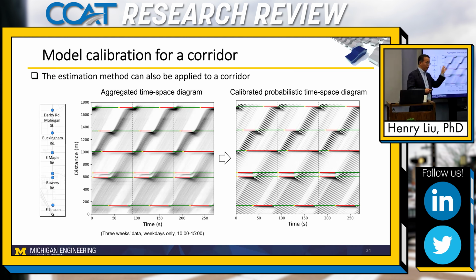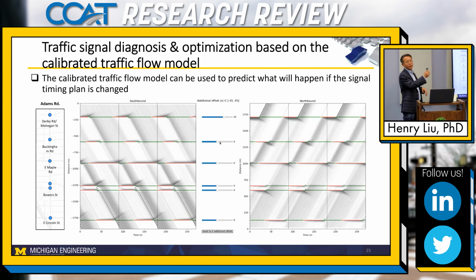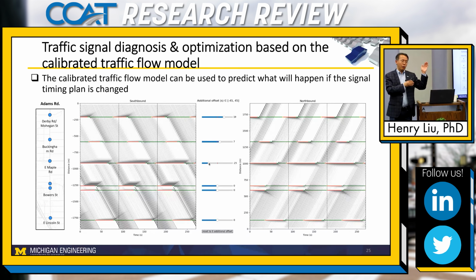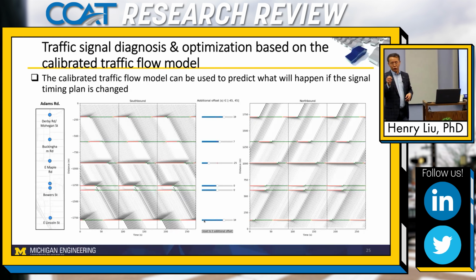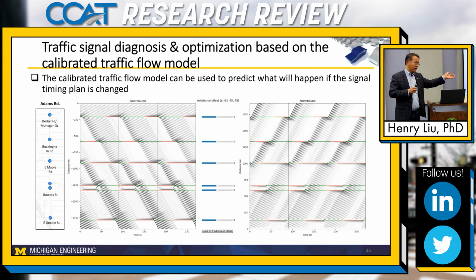You can see we can reflect what's happening in the real world with the calibrated model. Now we can adjust signal parameters, right? So we have a model, we can predict what's going to happen. For example, we can adjust the offset of the signal and see whether the delay is getting better or not. If it's getting better, then should we further adjust or not?